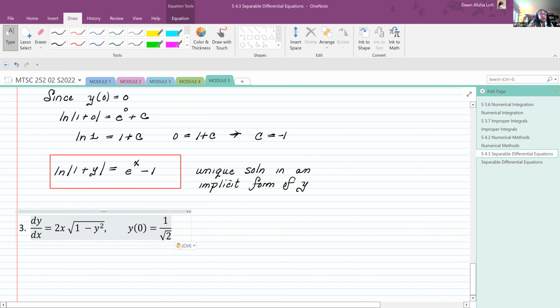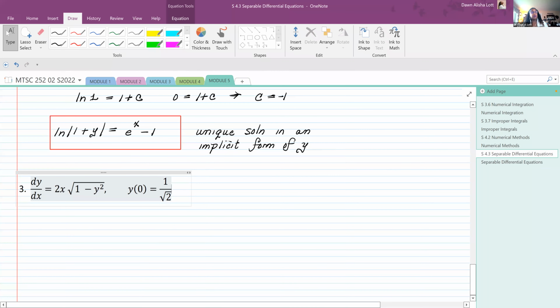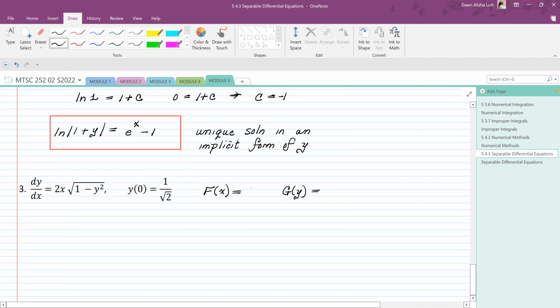Okay, we need to identify f of x and g of y. And then what's f of x? Is it 2x? 2x. And g of y is the square root of 1 minus y squared.